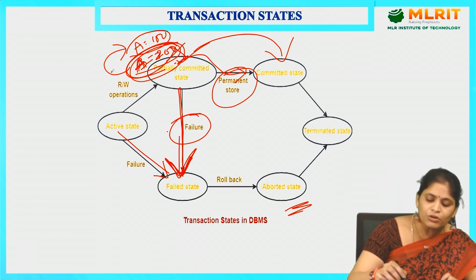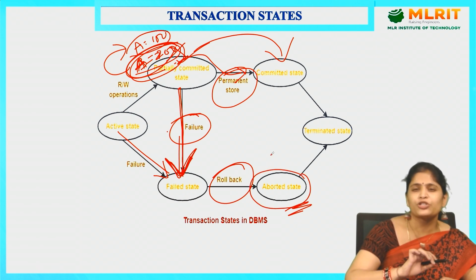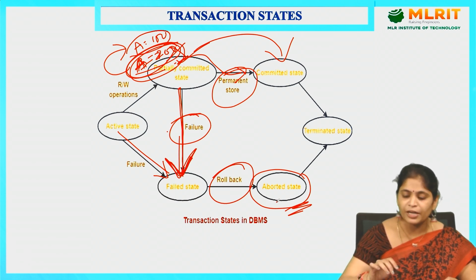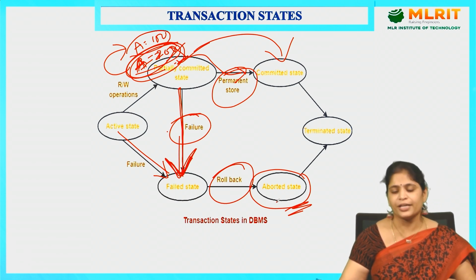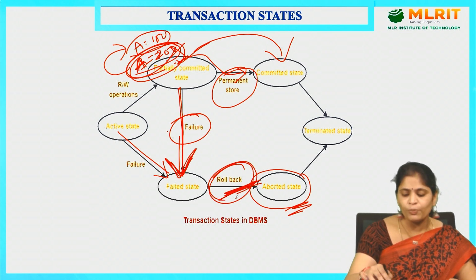That is the rollback operation. Whatever previous value I should take, or I cancel this transaction, that comes under the abort state, which is more concentrated on rollback operations.